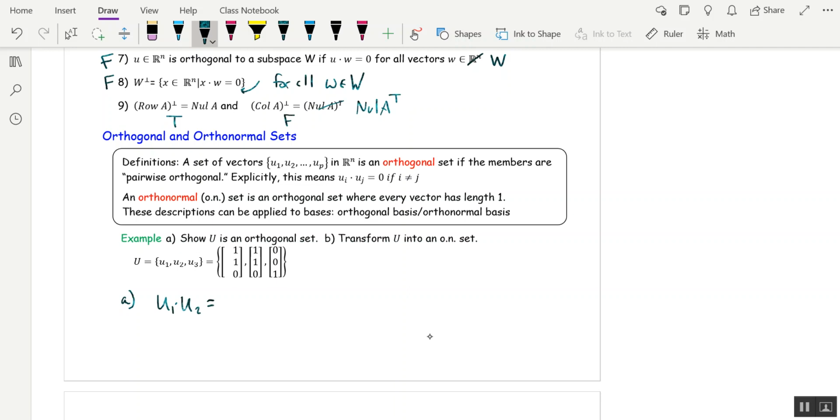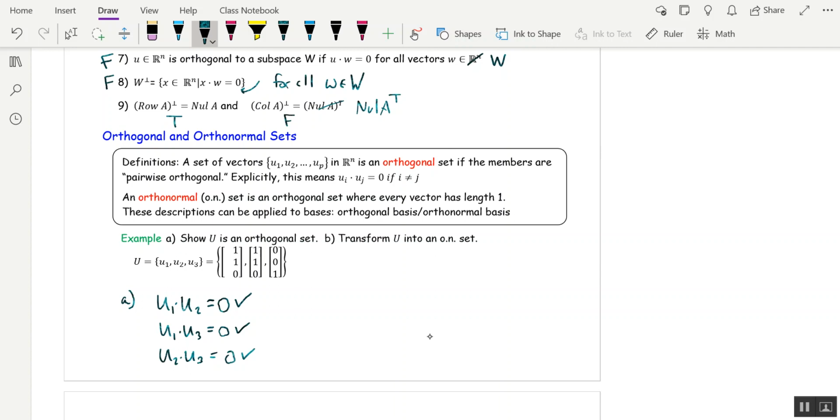Let's just do this in our heads. 1 minus 1 is 0, so that works. We have to dot U1 and U3. That's definitely 0. And then there's one more check, U2 dot U3 is also 0. So that's an orthogonal set.